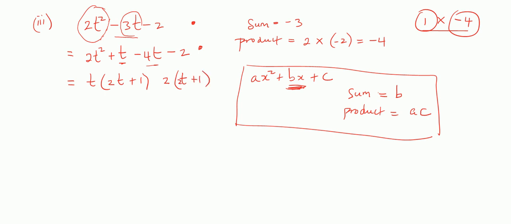Because when we are grouping, we need to get the brackets being the same. So I should put a minus sign here, right? So therefore the final answer will be 2t plus 1 into t minus 2. All right, and that is how we factorize that quadratic expression, right?